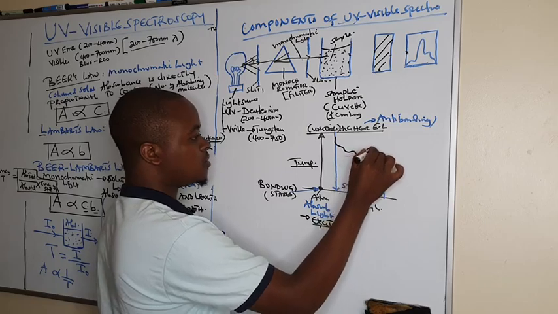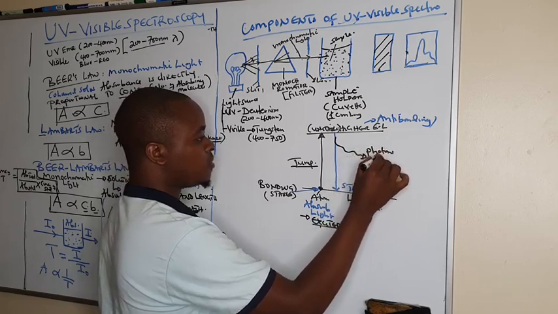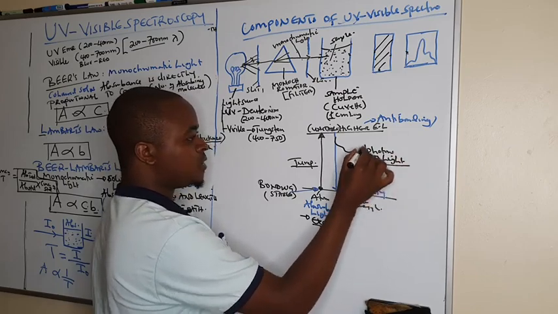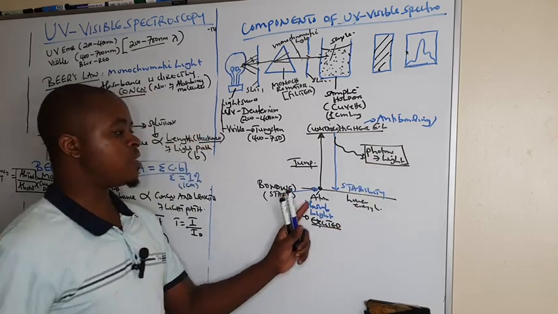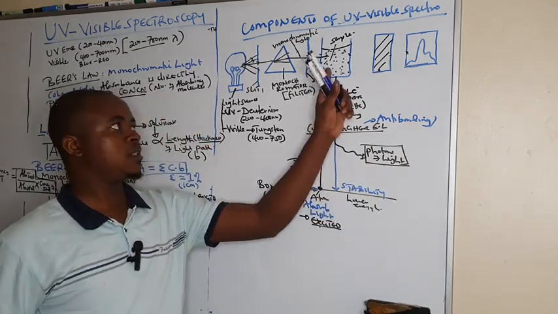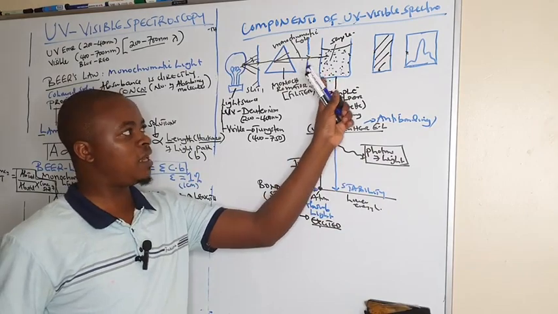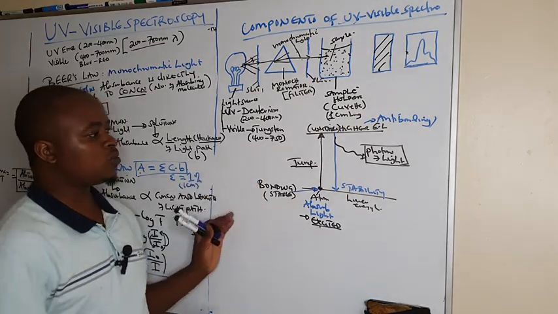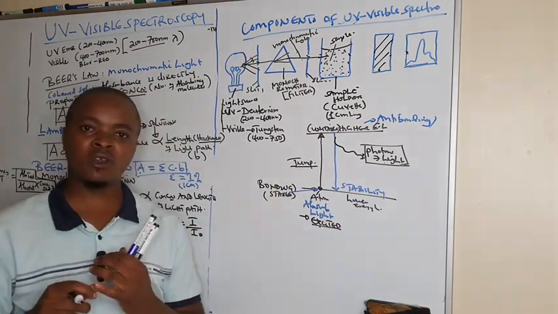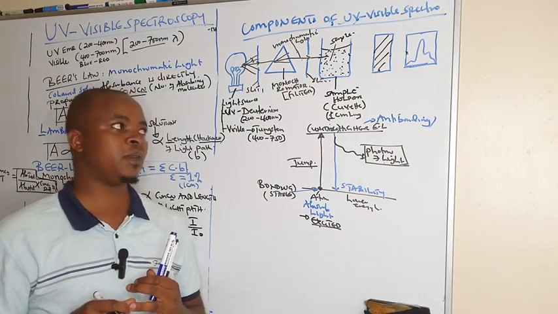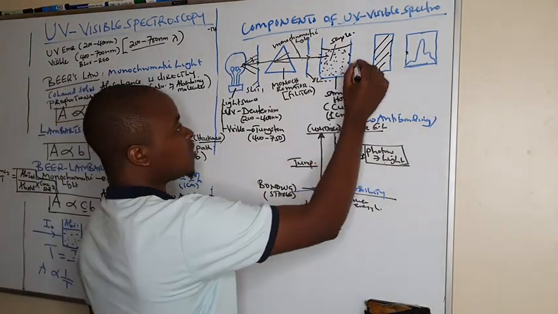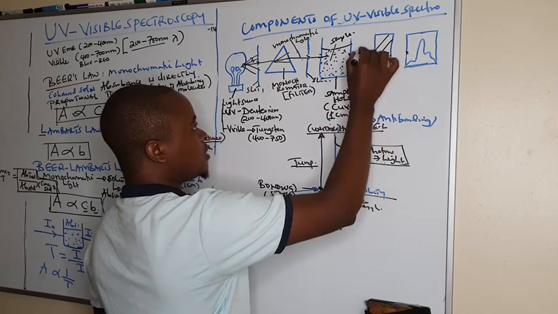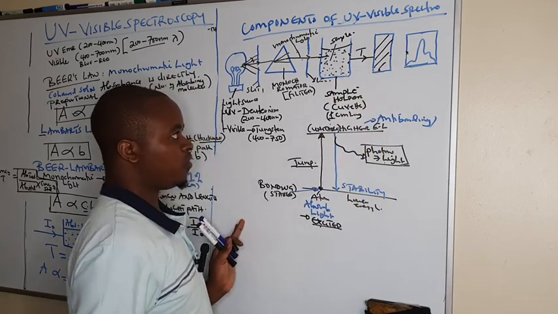These photons of light emitted depend on the number of molecules in the sample and even the length of the sample holder. So this light, which depends on the concentration and the length of the light path, is going to be transmitted to the photodetector.